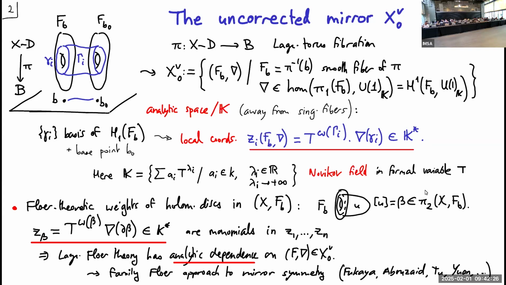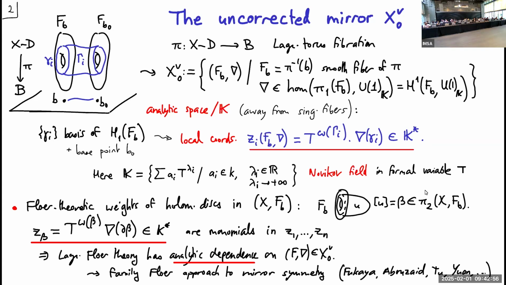So T to the power of the symplectic area of the cylinder swept by that loop, times now a unitary element. Unitary in the Novikov sense means valuation 0, means the leading term is a non-zero constant term, and then you have positive powers of T. So times the holonomy of the connection.